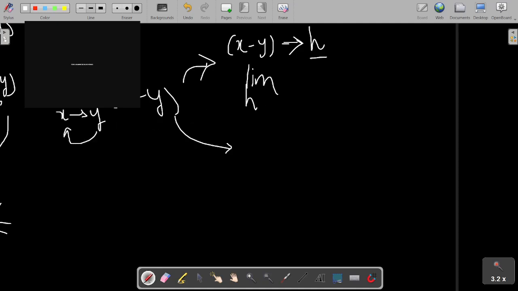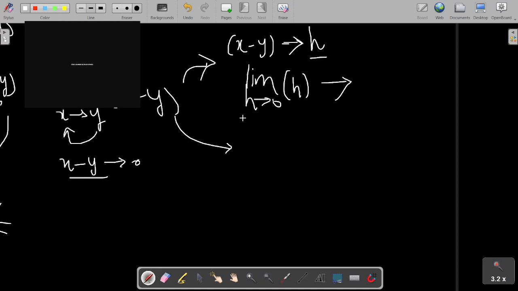If I take y on the left side, this becomes x minus y, which tends to h, and then h tends to 0, and x minus y becomes h.